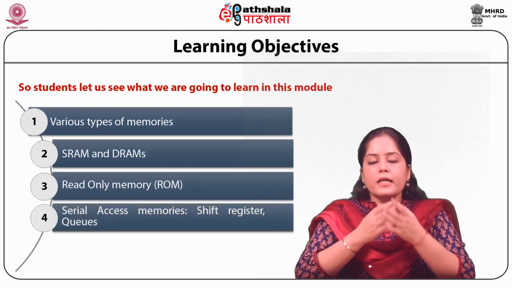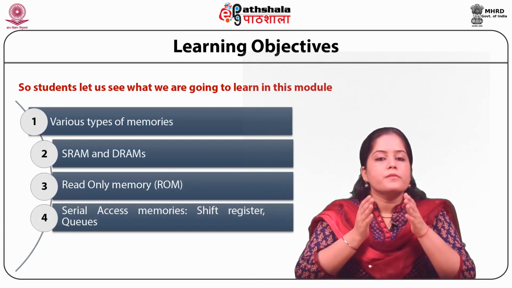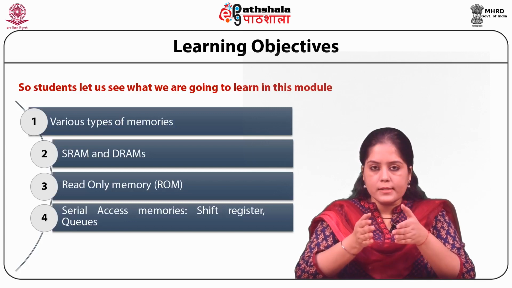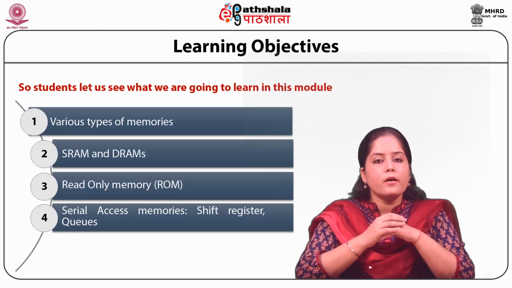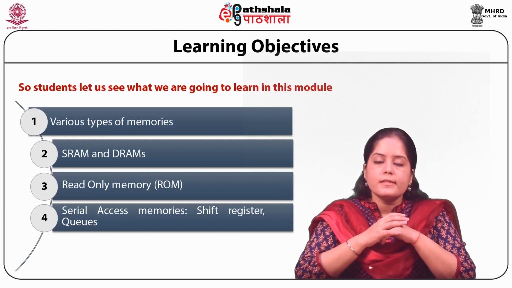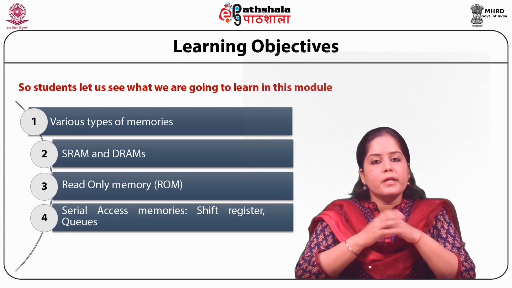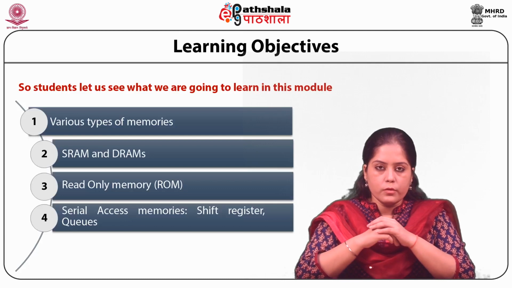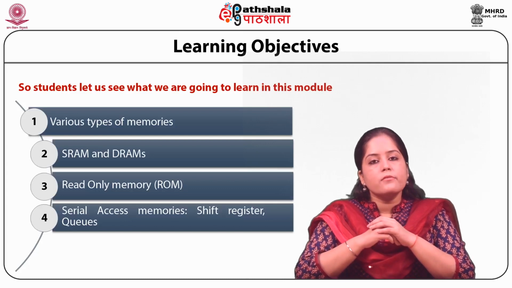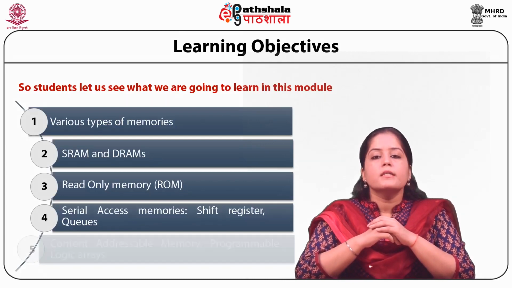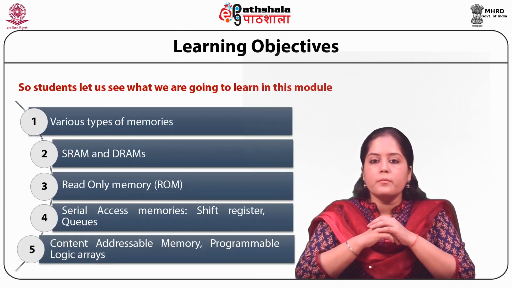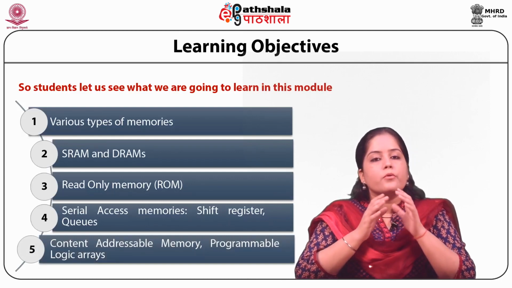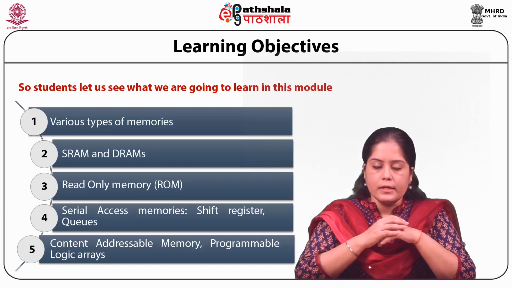Next, a detailed description of serial access memories consisting of shift registers and queues will be provided in this module. Lastly, we will also discuss about the content addressable memory CAM and programmable logic arrays.